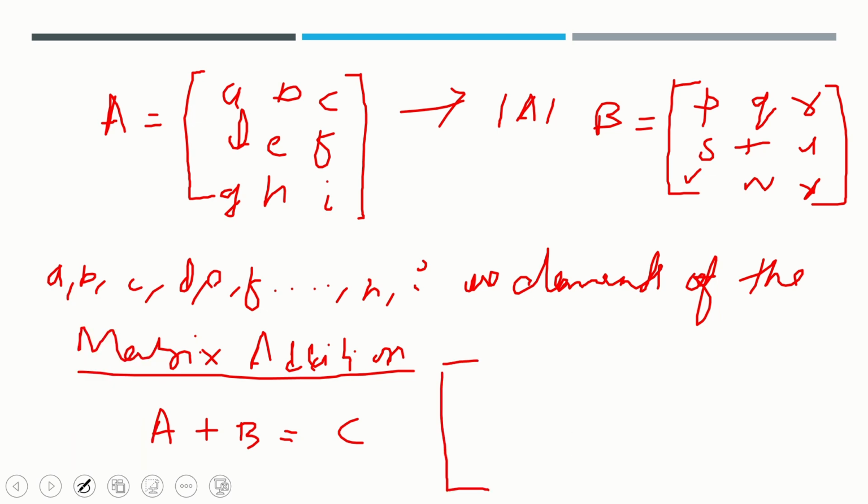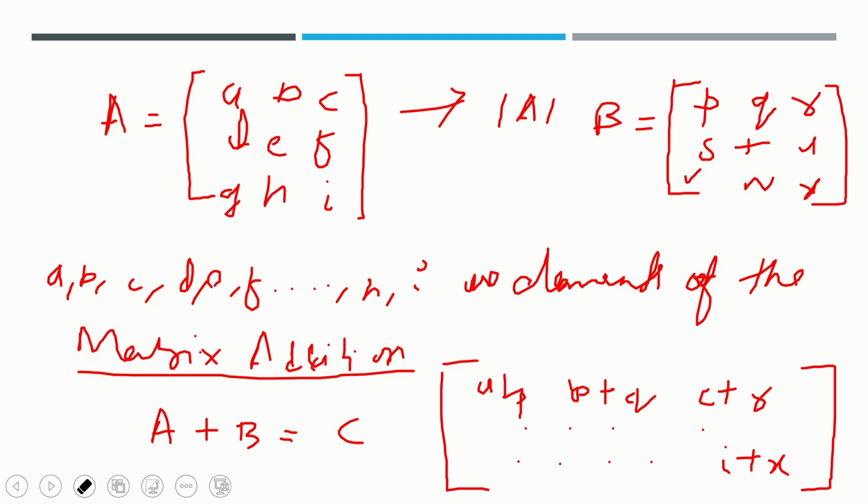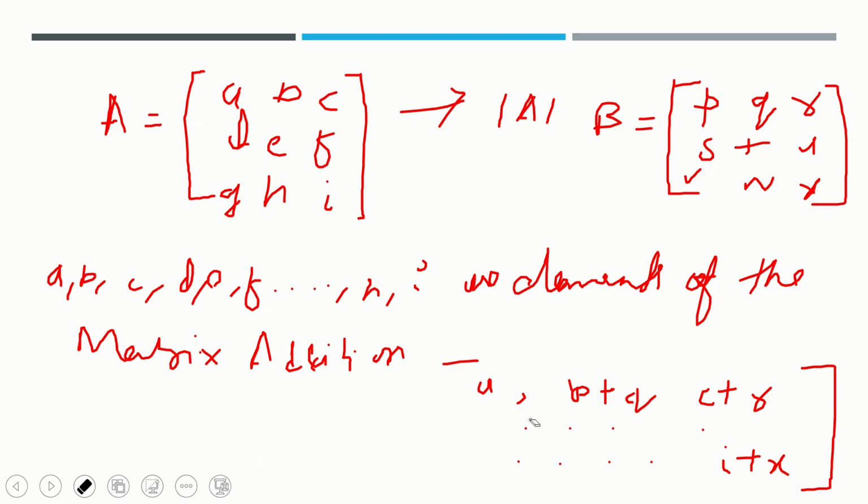Simply you add the matrices of the same order: A plus P, B plus Q, C plus R, and likewise I plus X. This is matrix addition, but we are talking about element addition.